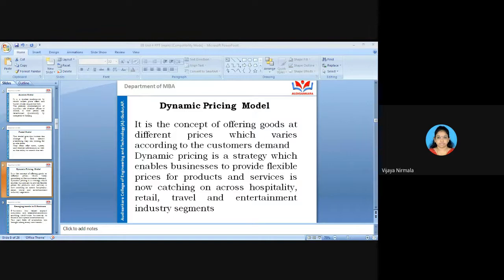So dynamic pricing is a dynamic adjustment of prices to the customers depending upon the value the customers attribute to the products and services.